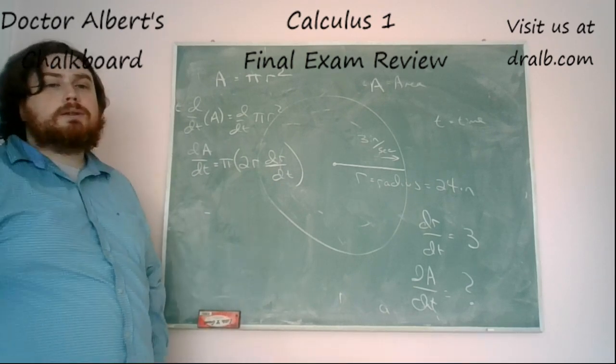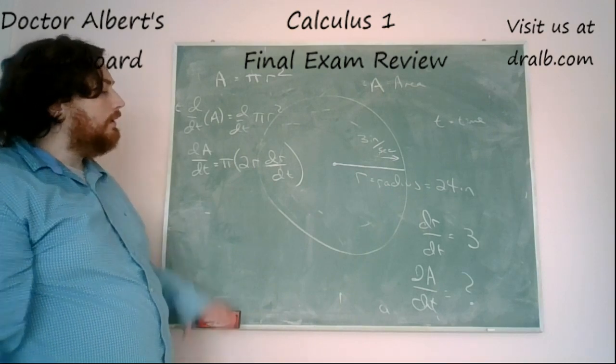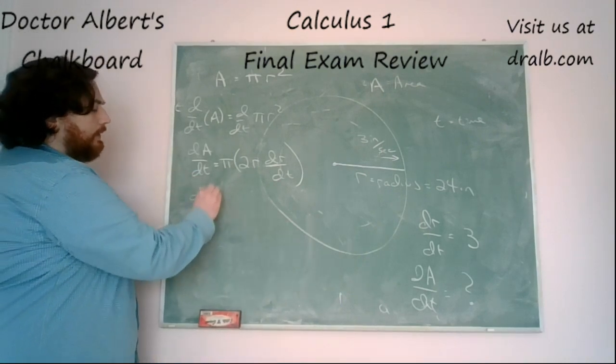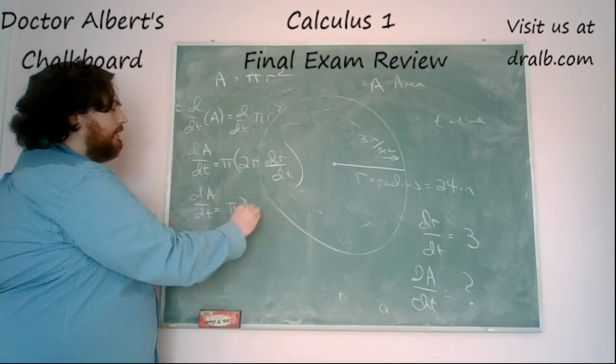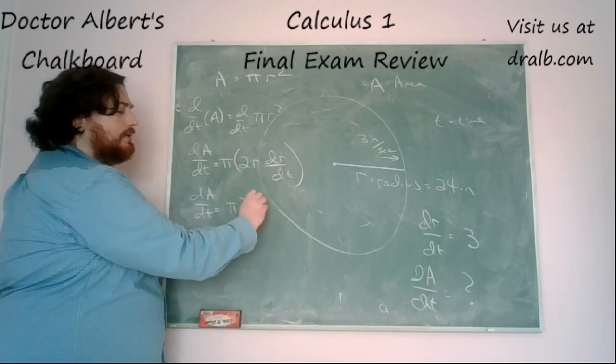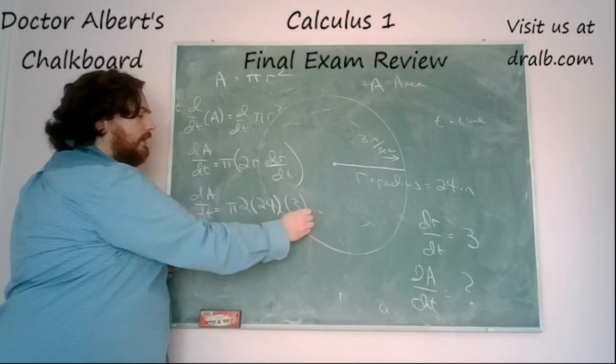Now that I've implicitly differentiated, I just need to plug in what I know to find what I'm looking for. dA dt is what I'm looking for. I have pi times 2 times r, which is just 24 right now, and dr dt is 3.